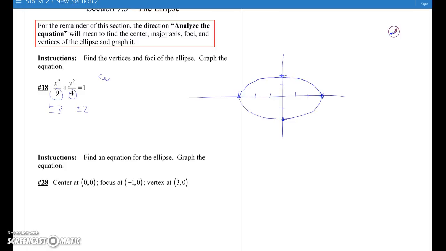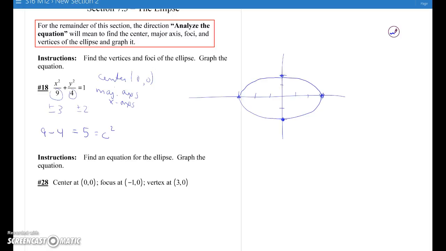The center, that's easy because this one is still not moved around, so the center is the origin. The major axis is the x-axis. If the ellipse moves around, it might not be an axis. So we need to find the focus points. So the difference in these two denominators is 9 minus 4, or 5.